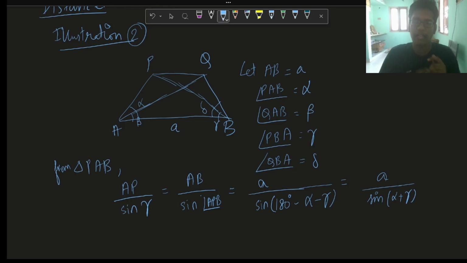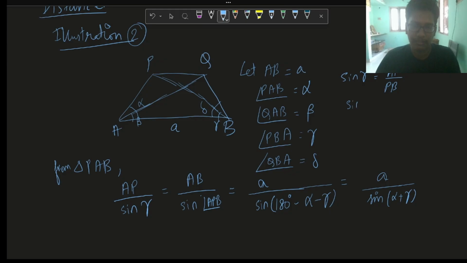Okay. Law of sines is nothing but if you come across ratios dealing with sine, then you could equate those ratios along with the respective opposite sides. For example, I am taking sine gamma. Sine gamma would give me the opposite side AP divided by hypotenuse PB, right? Sine gamma is AP divided by PB.